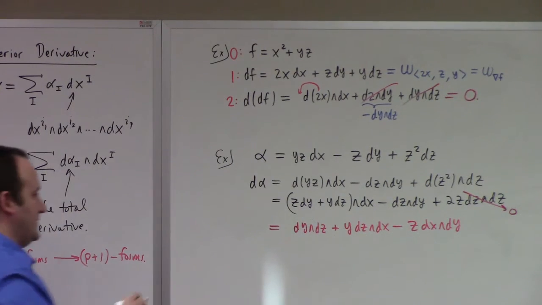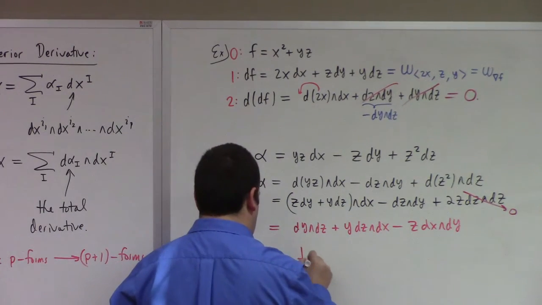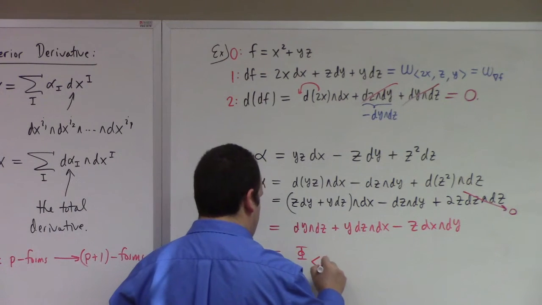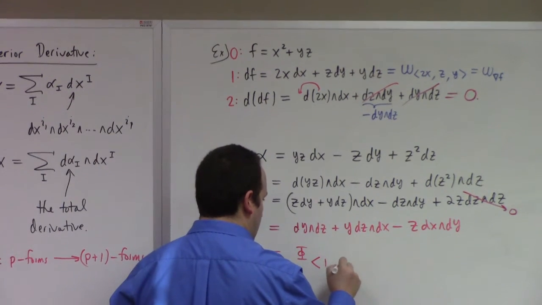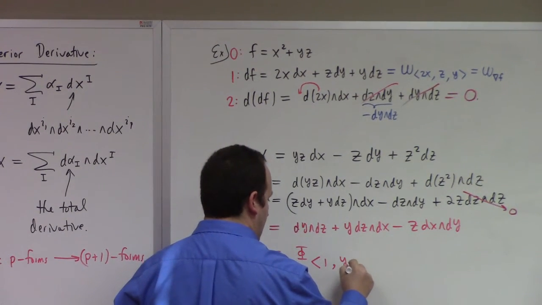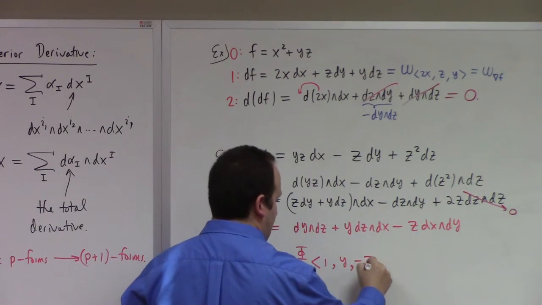So what is this? This is the flux form of what? Flux form of the vector field 1, y, and minus z.